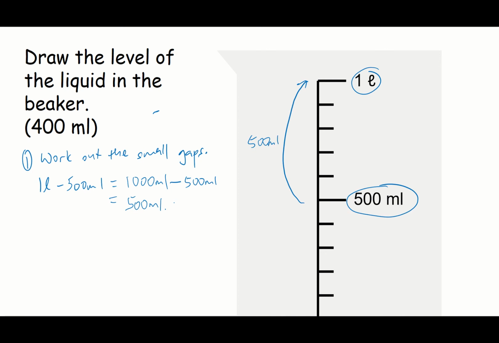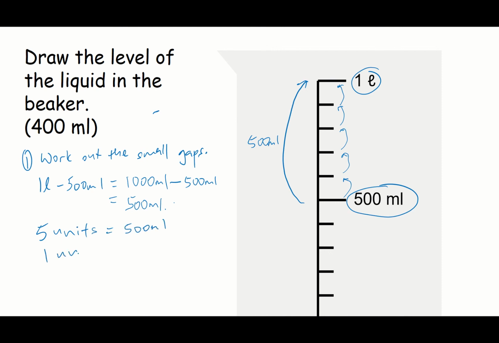Now, how many steps does it take? How many steps make up this 500 milliliters? Let's count. 1, 2, 3, 4, 5. So 5 units equals 500 milliliters.